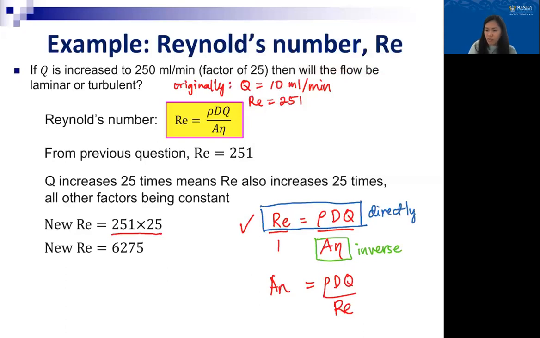Yes, so direct proportional means Reynolds goes up if rho times d times Q goes up. And yeah, that's right. And rho d Q goes up when eta goes down, and vice versa. You're right. So I think you got the idea there.